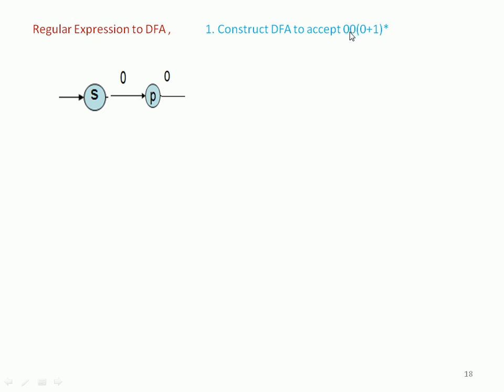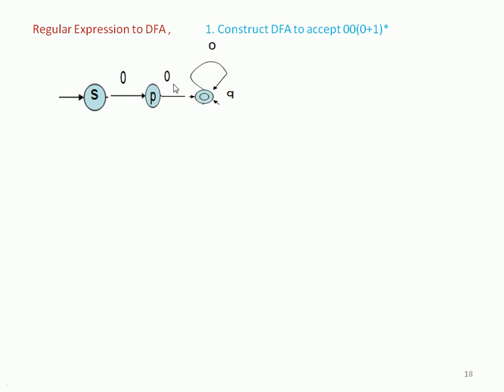So consider the regular expression 0 0 (0 + 1)*, where 0 + 1 is a repetitive string, and star means it can be repeated 0, 1, 2, any number of times. For that example, you have 0 as input and it goes to the next state called p, right?